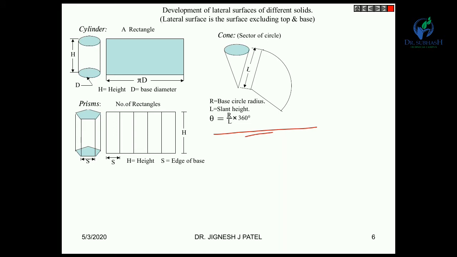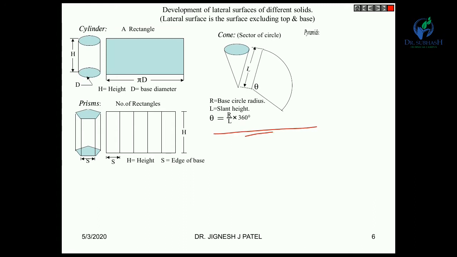First of all we have to find this angle theta, and theta is given by R by L into 360 degrees. For the development of the cone and pyramid, you have to find this angle theta, given by R by L into 360 degrees.